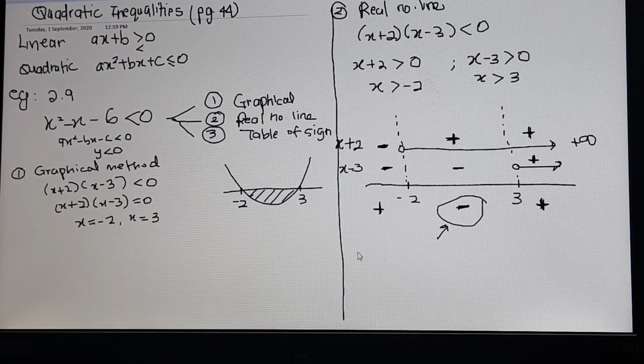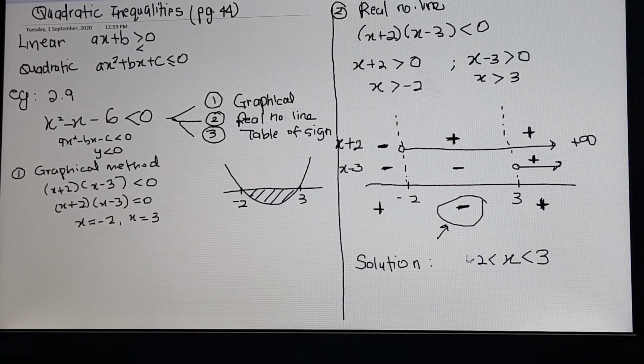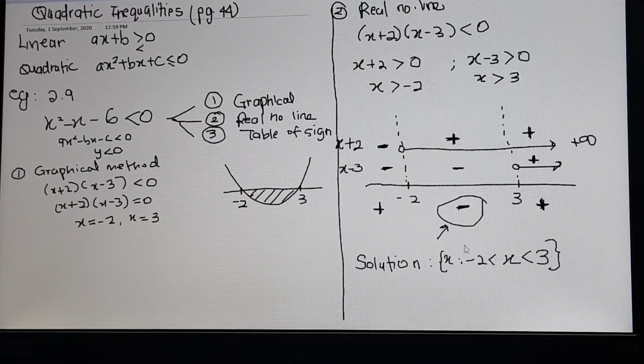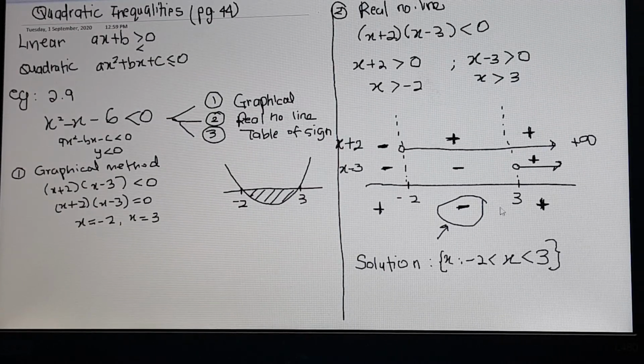So the solution is that x must be between negative 2 and 3. So this is the solution set for x. The solution set must be in curly brackets. When you take between two numbers, it is the AND operator.